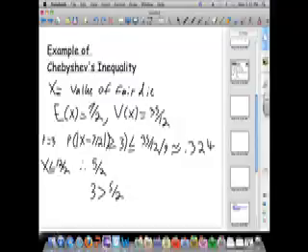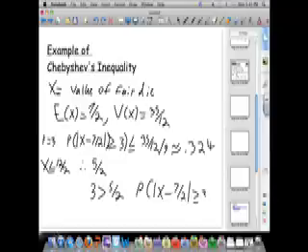We can see logically that since we can't get a die roll greater than 6, the probability that the absolute value of x minus 7 halves, the expected value, is greater than or equal to 3 does equal 0 in actuality. So while this is the correct answer, the estimate given with Chebyshev's inequality is not as precise.